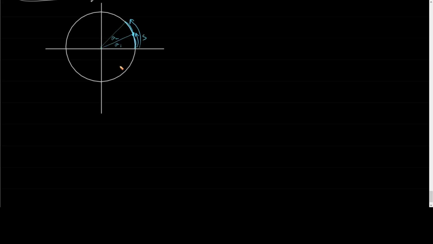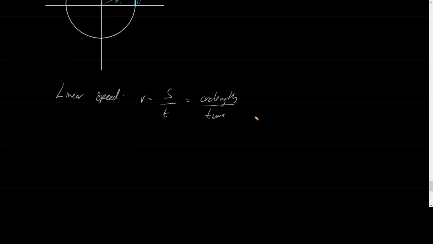So the definitions are simple. The linear speed, we do it as velocity is equal to arc length over time. This was arc length over time. That's linear speed.